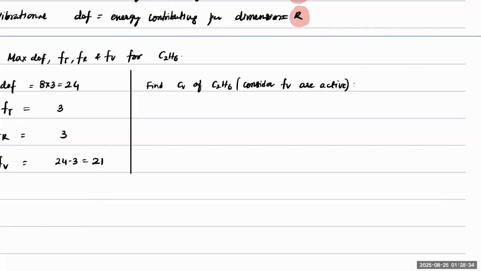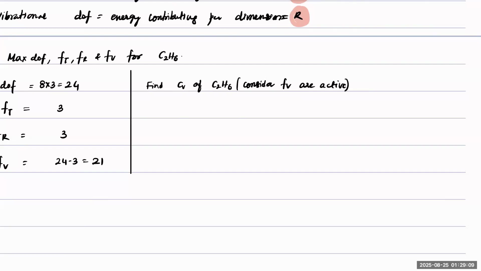If nothing is given, we usually assume there is no contribution from vibrational degrees of freedom, because vibrational contribution is only effective at high temperature. If the particles are at low temperature, you will hardly see any effective contribution from vibrational. If that is the case, now I need to find the CV value of C2H6.